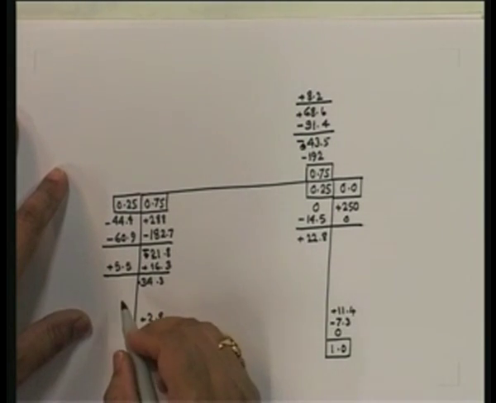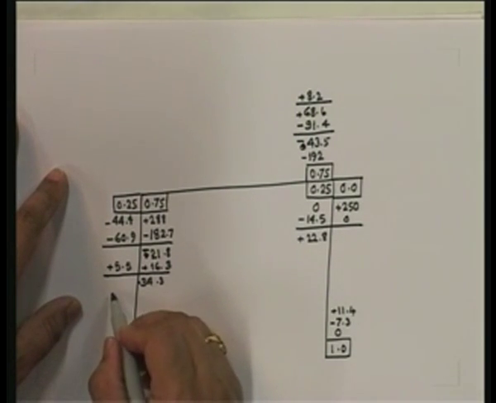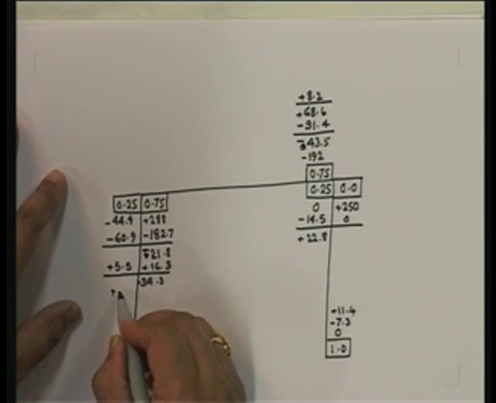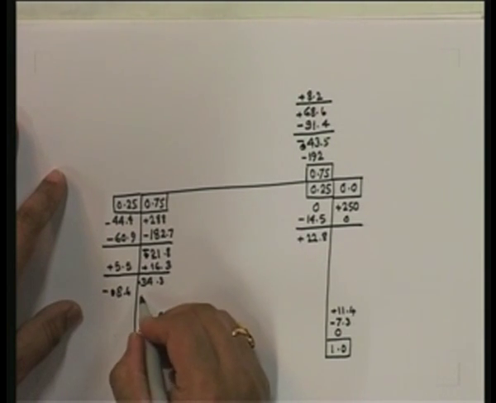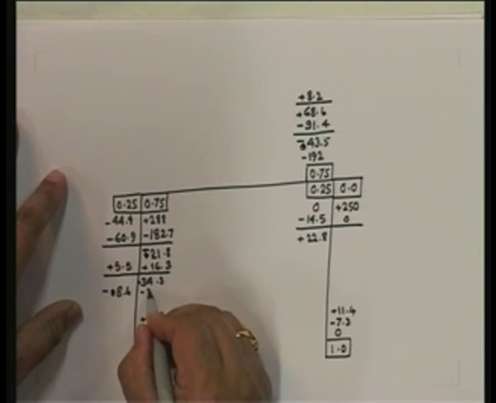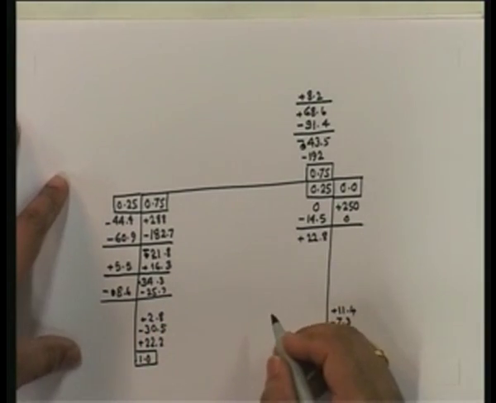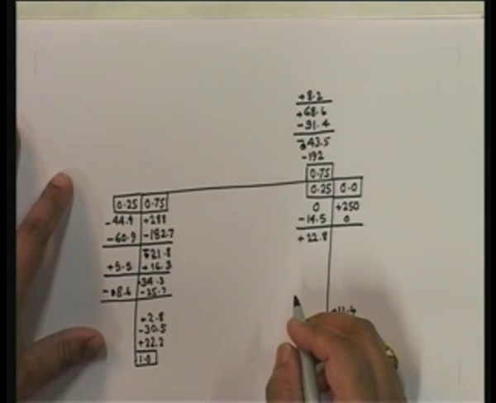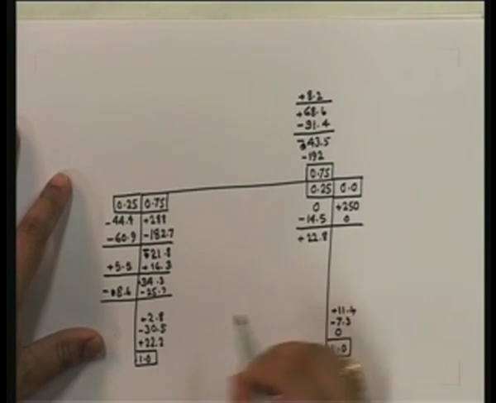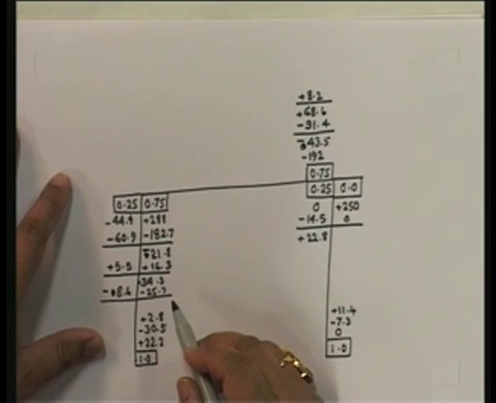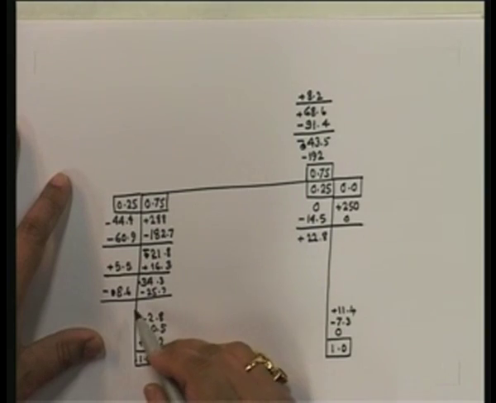Okay, next we again do this. This is going to be minus 8.6, then minus 25.7. Close this. Okay, and that is here.